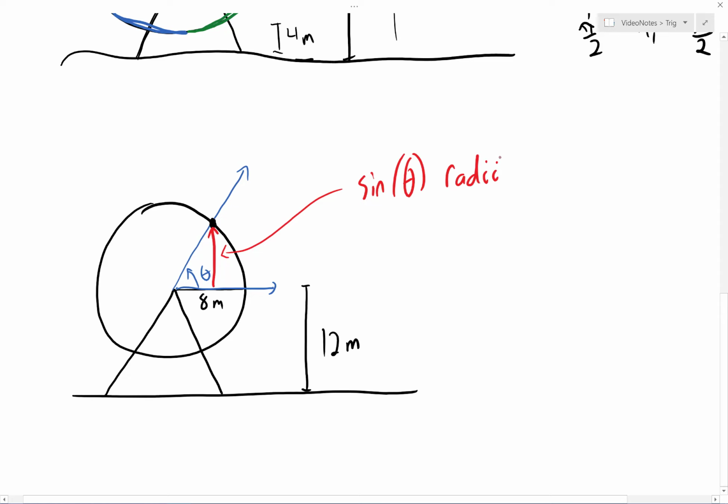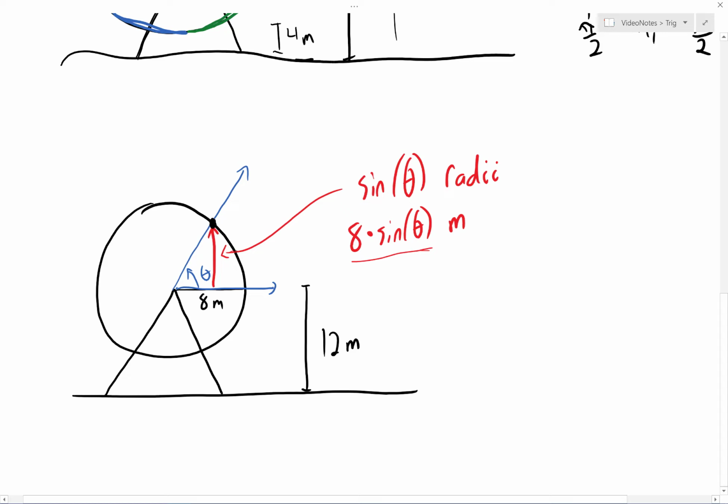However, we're trying to model Kristen's height above the ground in meters. So her height above the center of the Ferris wheel is 8, the radius of the Ferris wheel, times sine of theta meters. We can visualize this by this red vector I have drawn here.